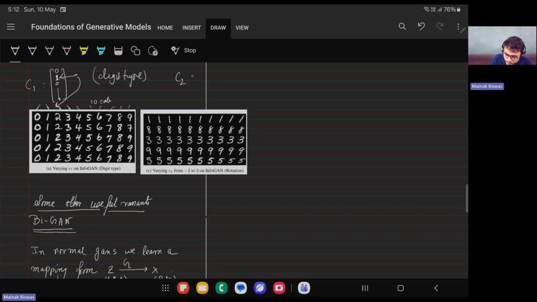Similarly, C2 again could have 10 categories. The latent C2 is telling me how much orientation I should have, say minus 45 degrees to 45 degrees orientation in writing a letter. And the surprising thing is, it is learned end to end in an unsupervised manner.